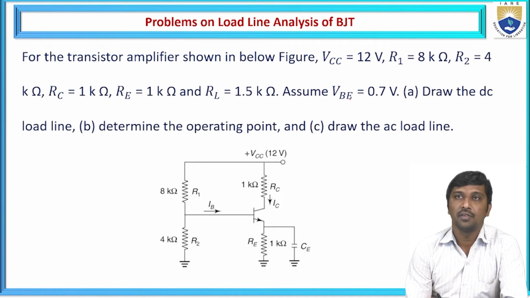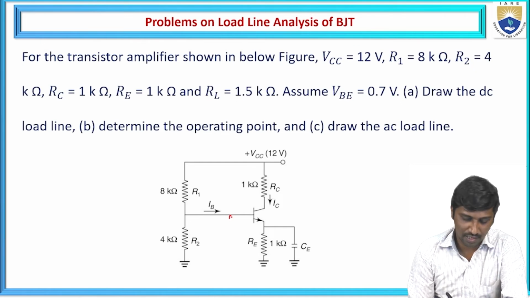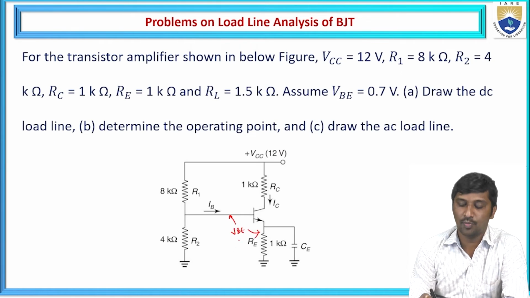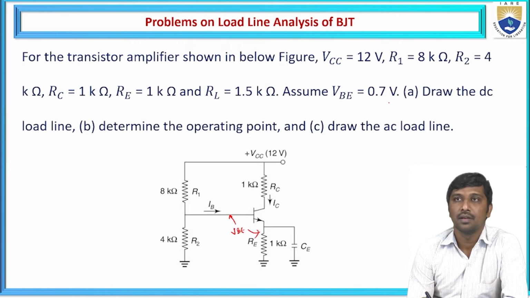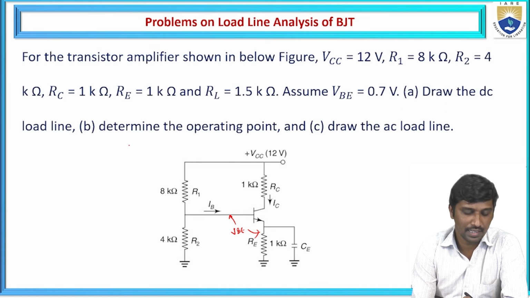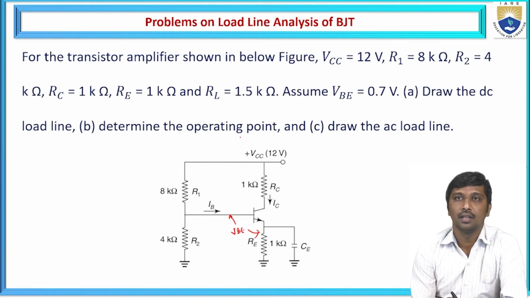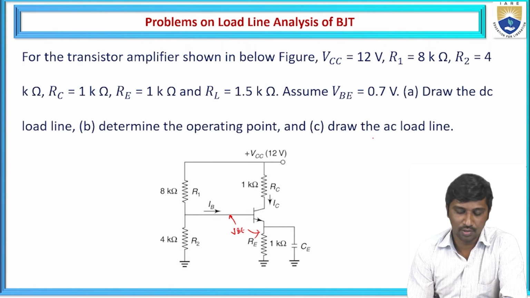Assume VBE, the potential difference between base and emitter, is 0.7 volts. Now we need to draw the DC load line, determine the operating point, and also draw the AC load line.